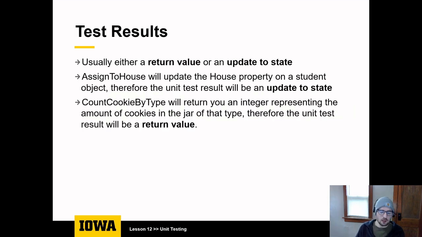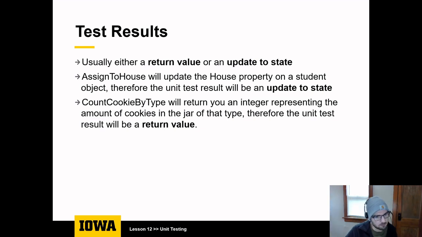Okay, so let's talk more about those results. The result of a call to a method is usually either going to be a return value, a value that the method returns, or an update to the state of an object. AssignToHouse is an example of the latter. You call AssignToHouse, and it will update the house property on a Student object. So we say the test result is an update to state.